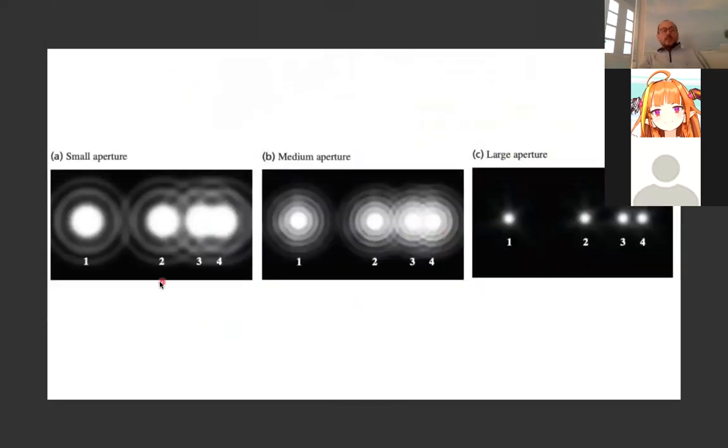This is a series of sources being seen through a small aperture. You have that source, and here you can imagine that you have two sources very close by. So it's source 1, 2, and 3. This is a small aperture, this is a medium aperture, this is a large aperture.